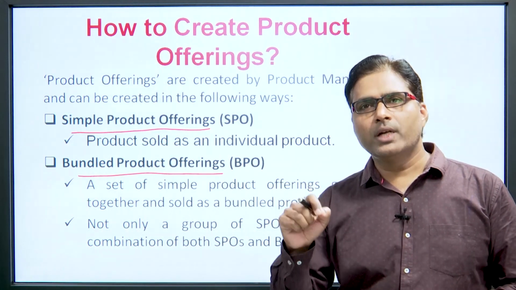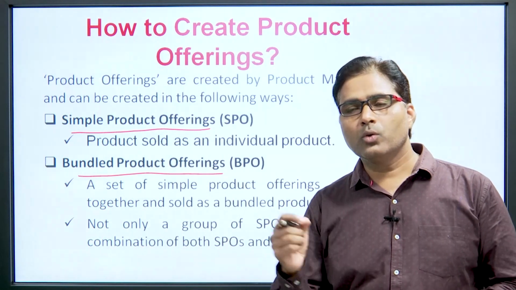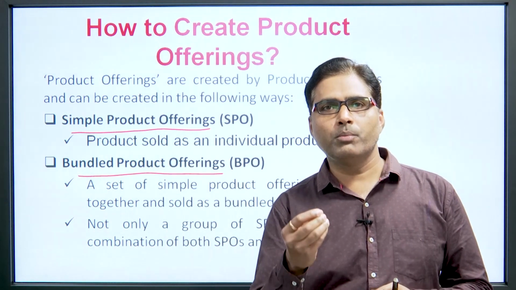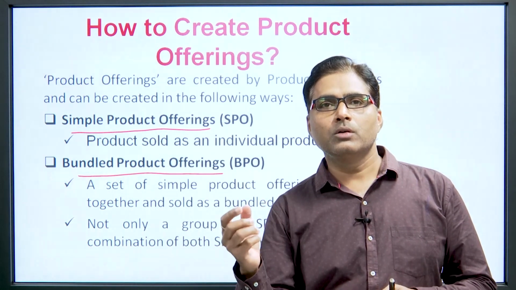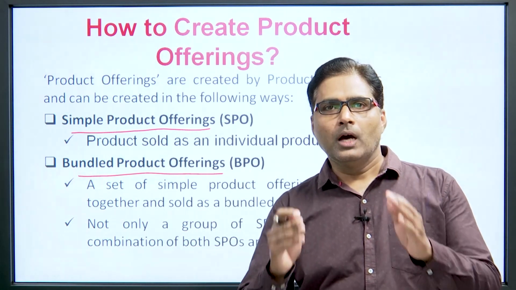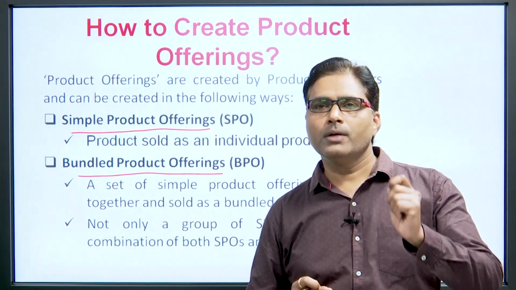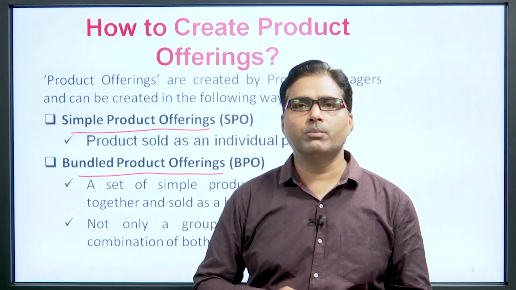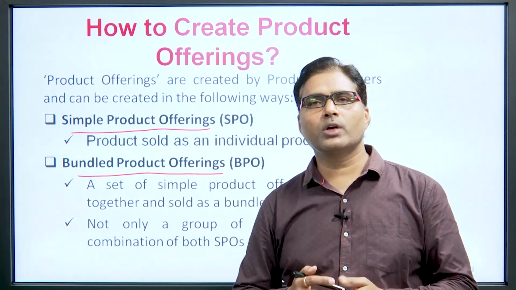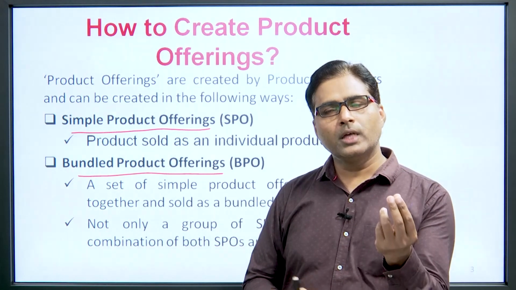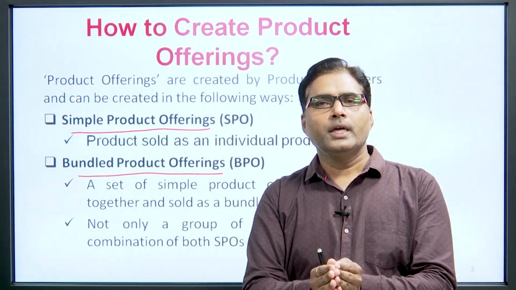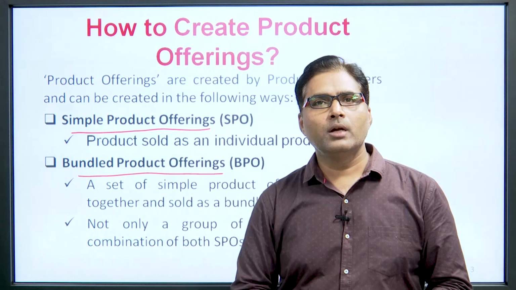In this bundle offering, not only a group of single product offerings may be there, but there may be simple product offerings as well as a combination of bundled product offerings. Means if we talk about simple, simple will have a single product, and if we talk about BPO, in BPO we may combine several single products and offer them to a customer, and we may offer some single products as well as a group of products together. Then in both manners it can be a bundled product offering.